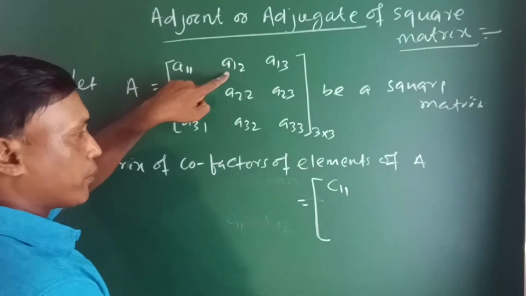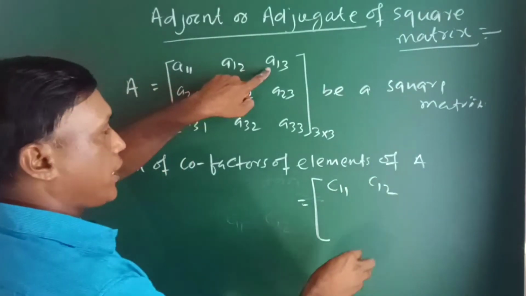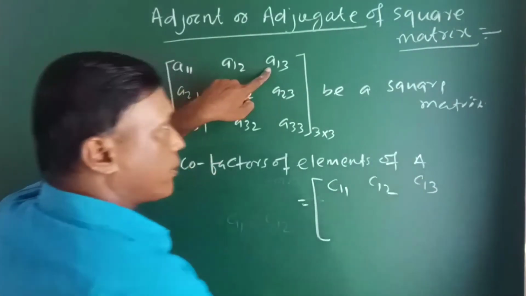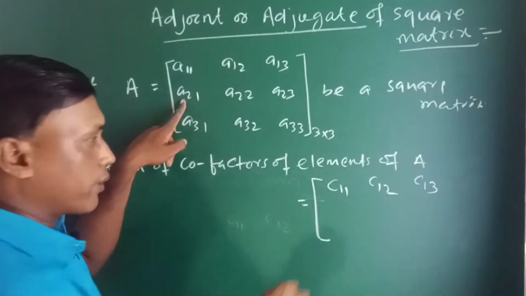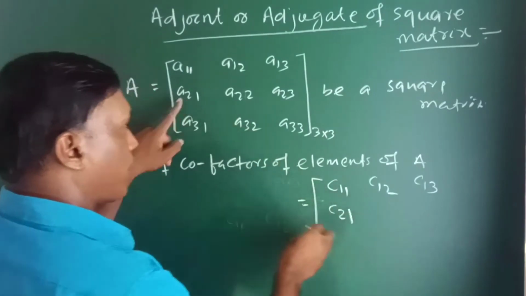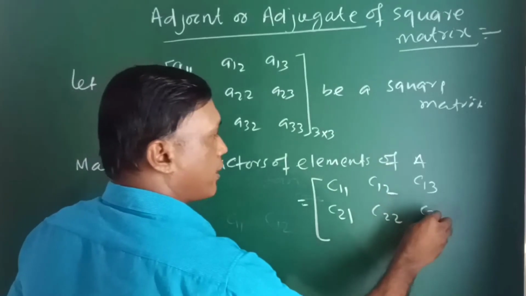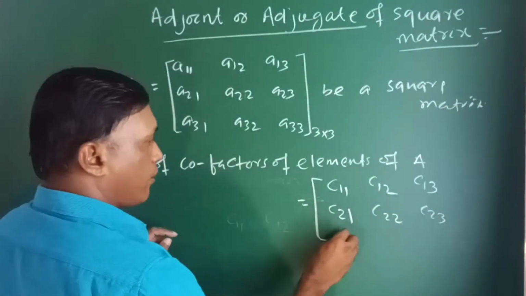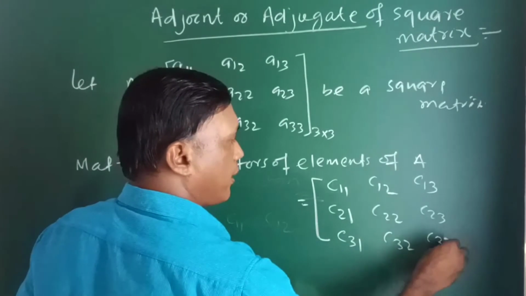Here is A12, the cofactor is C12. Here is A13, the cofactor of A13 is C13. Here the element is A21, and here will be its cofactor C21, and the cofactor of A22 is C22, A23 is C23, and here is C31, C32, C33.